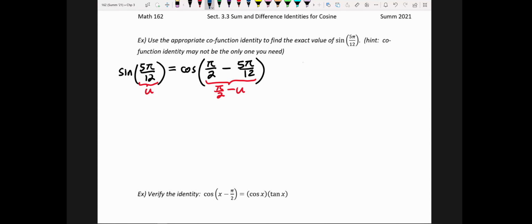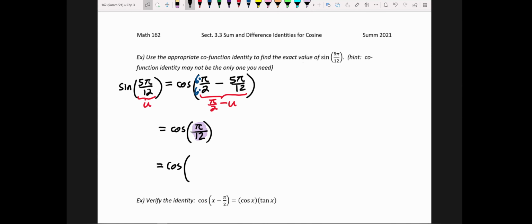Okay, let's get a common denominator, which is 12. So we'll multiply the first fraction by 6 on top and bottom. 6 pi minus 5 pi is pi, and the denominator is 12. Now let's rewrite pi over 12 as a sum or difference.